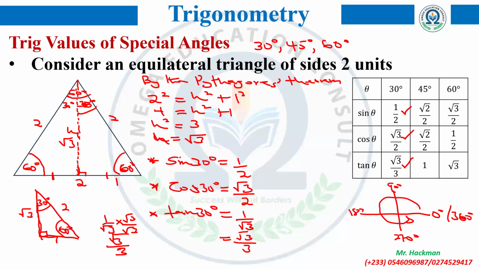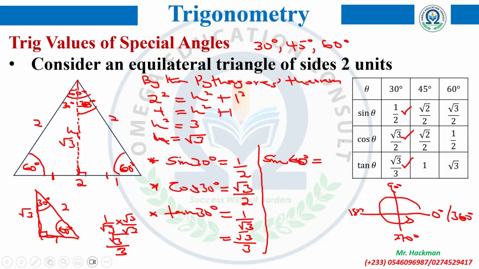Okay, so now we are left with the 60. We've done the 30. The 60 we can get from this as well. So let's look at sine 60 degrees. Sine, with respect to 60, this is the opposite and this is the adjacent. The hypotenuse is always fixed. So what is the opposite?